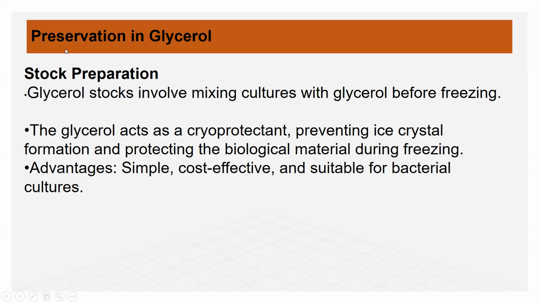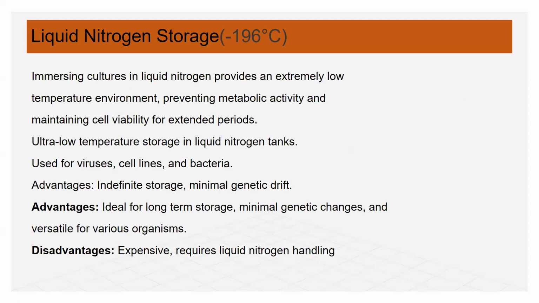You mix it together, and then you take a ml of the organism, and you put them in the stock, and you put them in the freezer, and that is it. They can spend years. So the glycerol acts as a cryoprotectant, preventing ice crystal formation and protecting the biological material during freezing. The advantage is that it is simple, cost-effective, and suitable for most bacterial cultures.